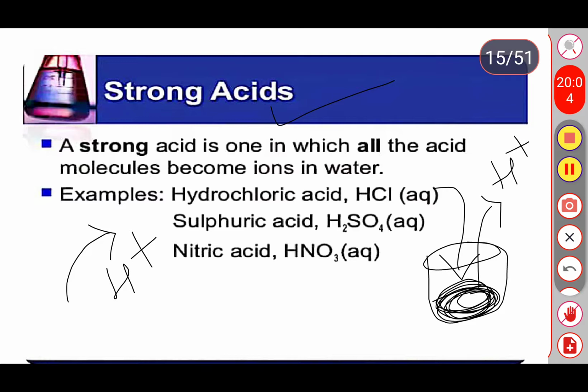A strong acid is one in which all the acidic molecules become ions in water. It means the acidic substance we dissolve is completely dissociated and provides hydrogen ions. These acids are called strong acids. Some examples of strong acids are hydrochloric acid, sulfuric acid and nitric acid.